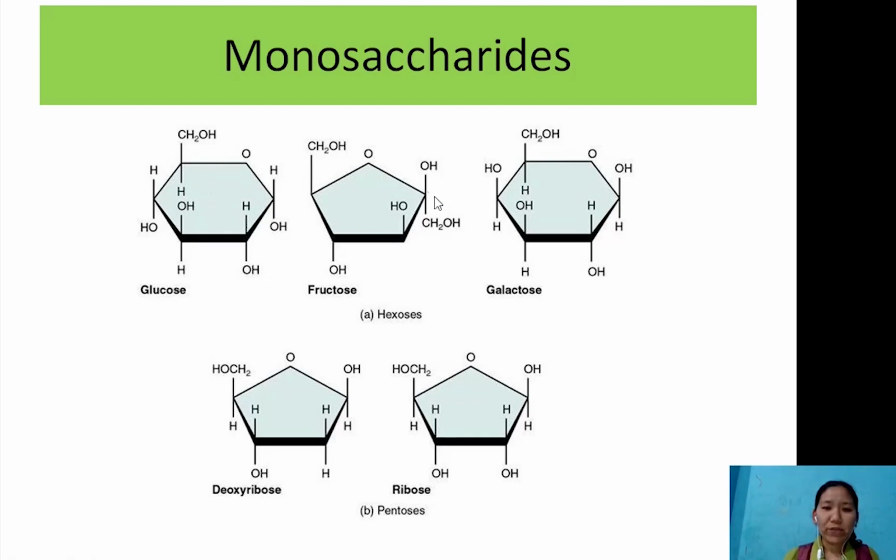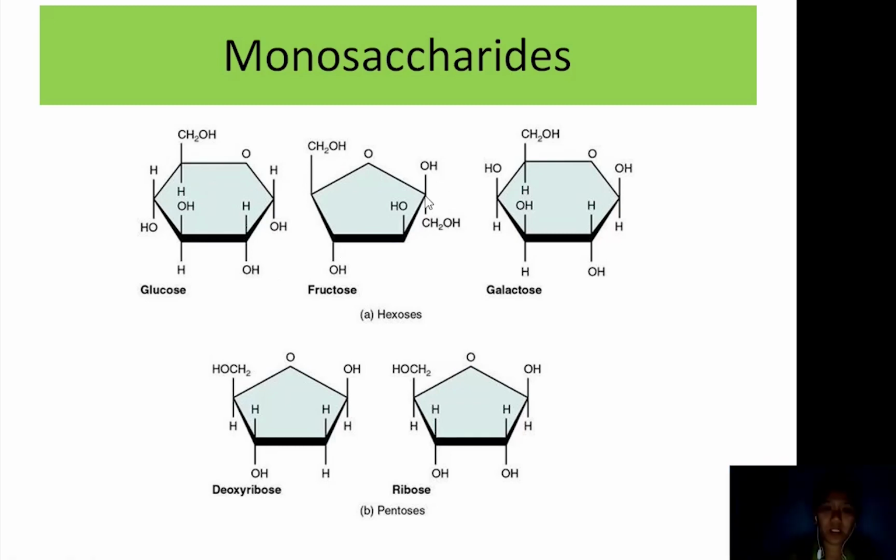And then let's look at fructose here. 1, 2, 3, 4, 5, 6. This is a hexose. Here it's written hexose. And then talking about galactose. 1, 2, 3, 4, 5, 6. Now let's look at pentose. 5 carbon. 1, 2, 3, 4, and 5. So deoxyribose and ribose.